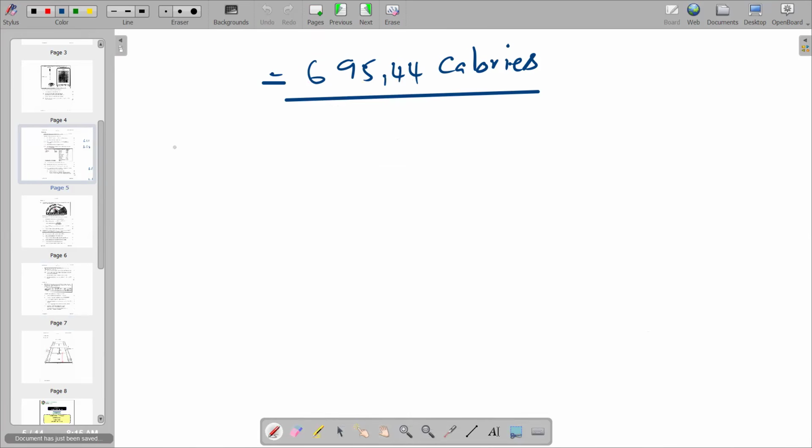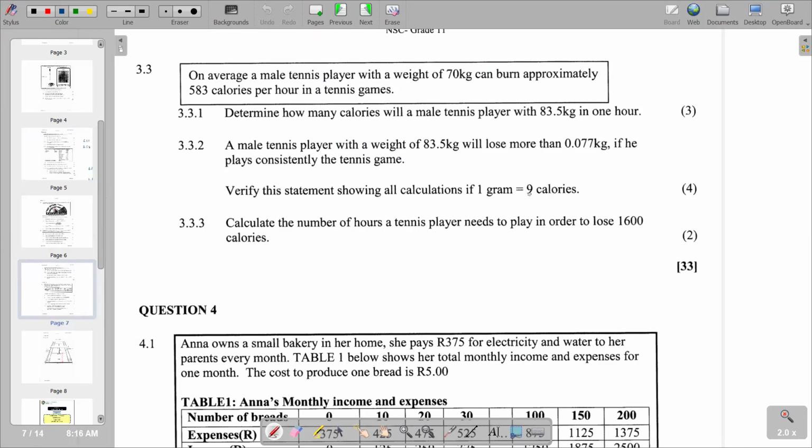So we are now seeing 3.2. We want the mass, whereby we are saying 695.44 divided by 9, to convert the calories to grams.